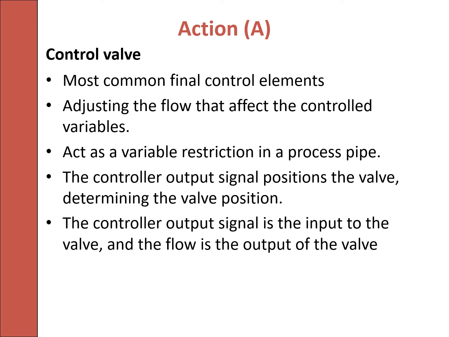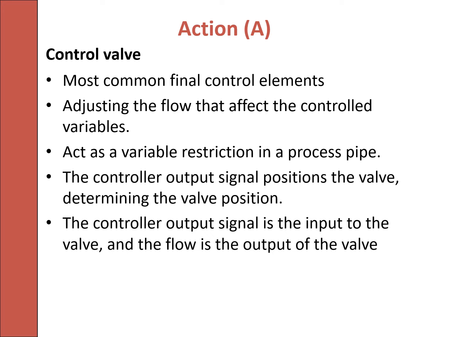It will act as a variable restriction in a process pipe, and the control valve will receive a signal from the controller. Basically the controller will send the controller output signal to the valve. So the valve will change its position based on the signal given by the controller.